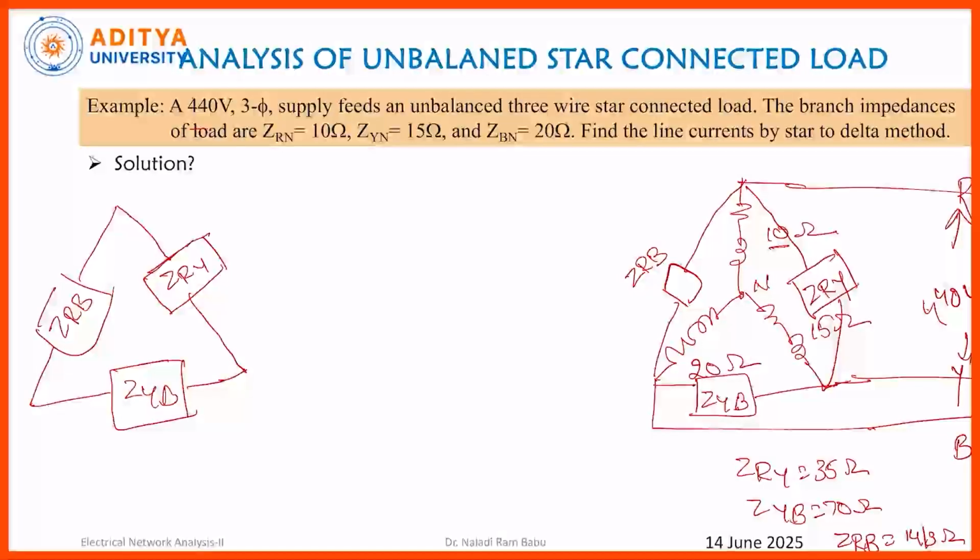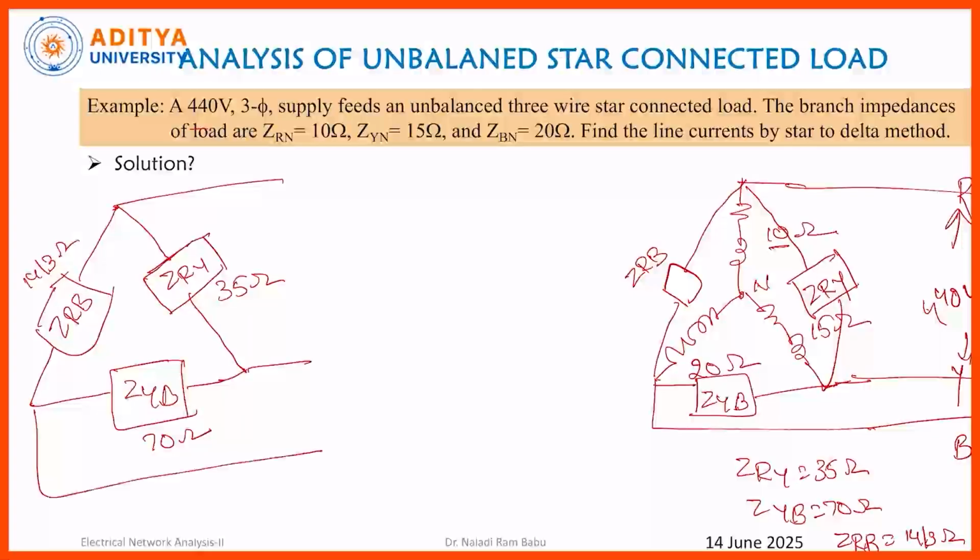This ZRY is 35 ohm, ZYB is 70 ohm, and ZRB is 14 by 3 ohm. R phase, Y phase and B phase.